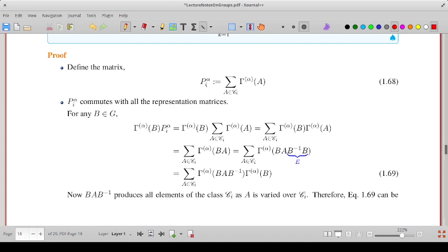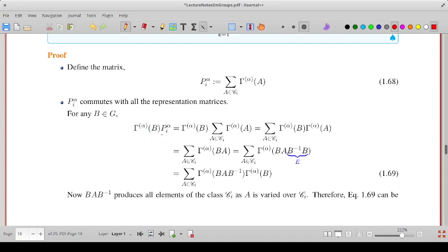Now this matrix Pi alpha has the property that it commutes with all the representation matrices. To see that, we consider an arbitrary element B of the group and the representation matrix of B in this irreducible representation gamma alpha, given by gamma alpha B, and take its product with Pi alpha.